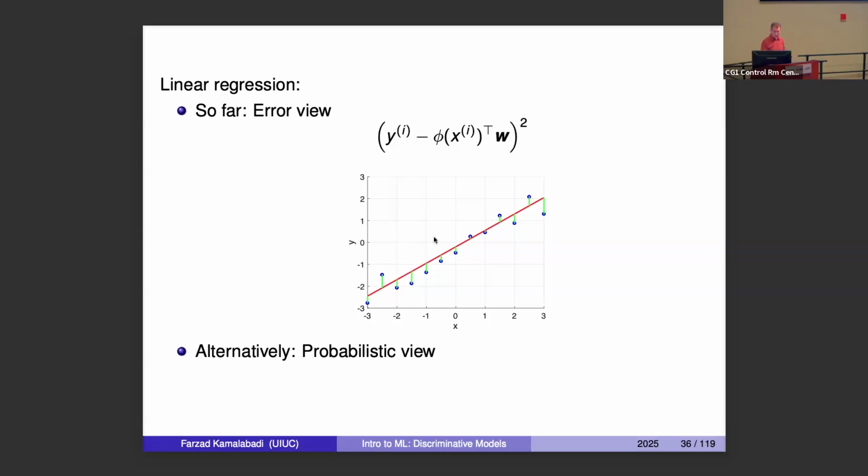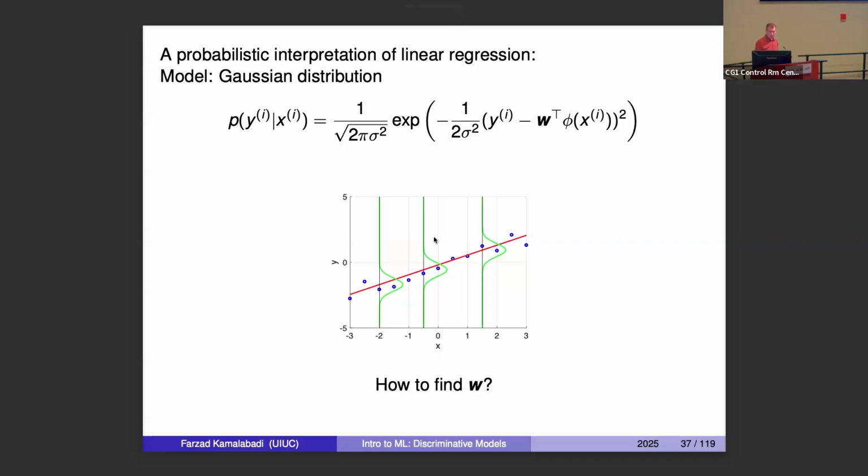So a probabilistic view is that you can think of each of the x's as modeled as a Gaussian in the first case that we have. This is essentially the standard Gaussian. Of course, in higher dimensions, this becomes multivariate. But how do we find W? We spent most of yesterday on this, as background for today.